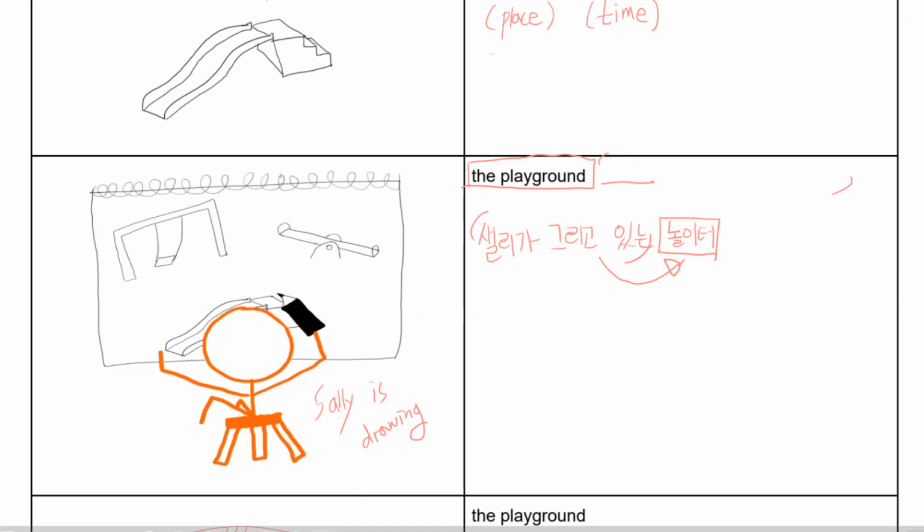Let's come up with the sentence first. Sally is drawing, right? So actually, we don't really need this, I think, right? So the playground, Sally is drawing. Even with this, we can understand what it means. 셀리가 그리고 있는 놀이터, right?